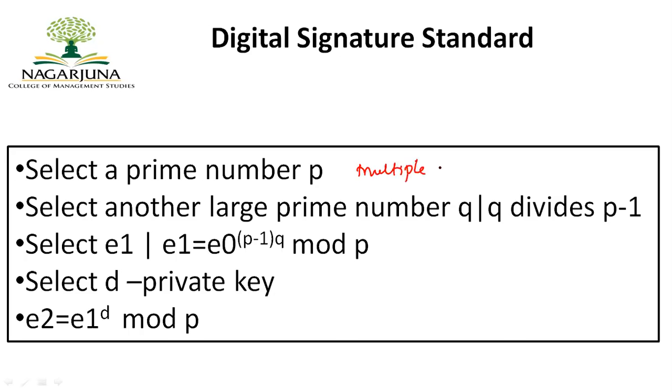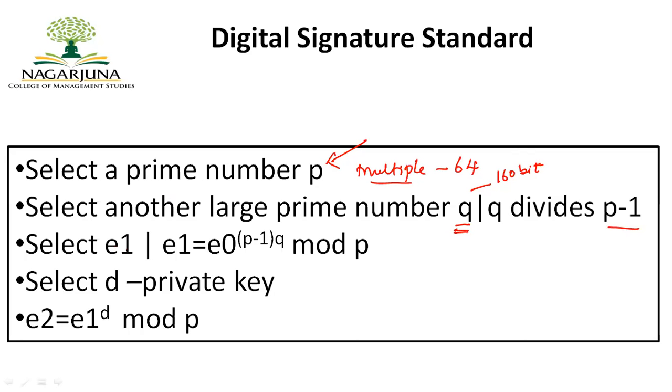Remember, it should be a multiple of 64. And you are supposed to select one more prime number called Q, which is 160 bit. You select your Q in such a way that Q should divide P minus 1. So this step is very similar to your Schnorr digital signature scheme.